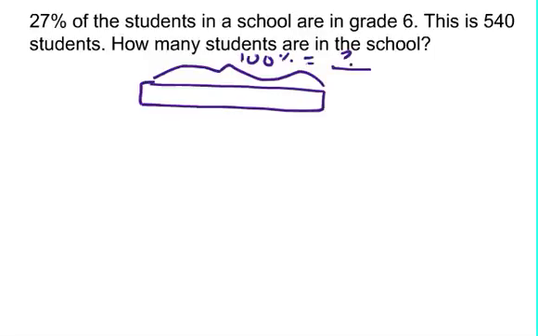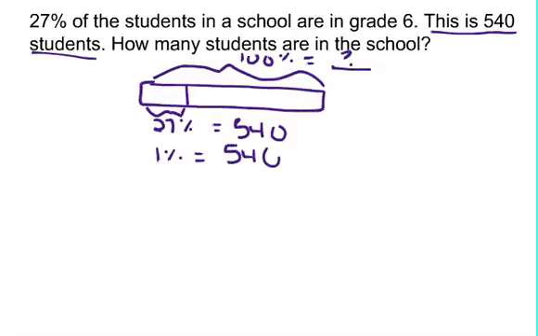But we do know that 27% of the students are in grade 6. And we know that 27% equals 540 students. We know this because it says this is 540 students. We can use 27% to find out what our 1% would equal by doing 540 divided by the 27%, and we would get 20.